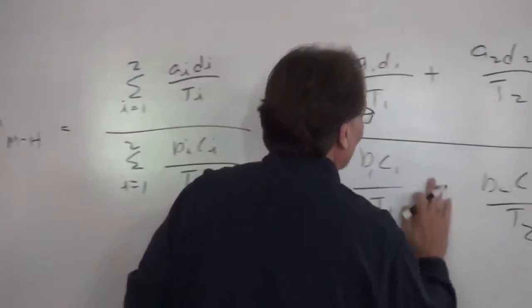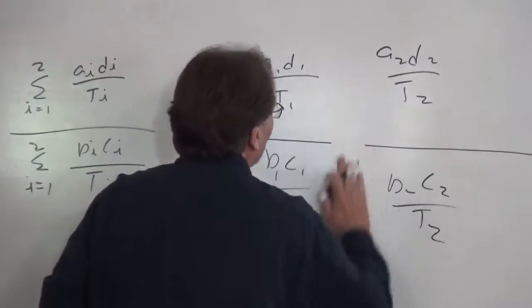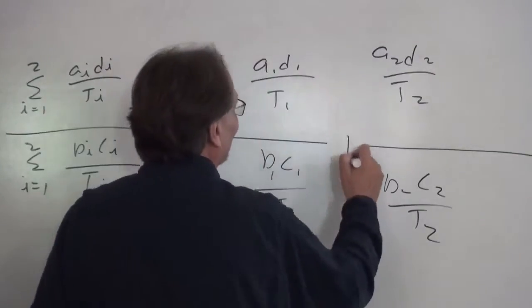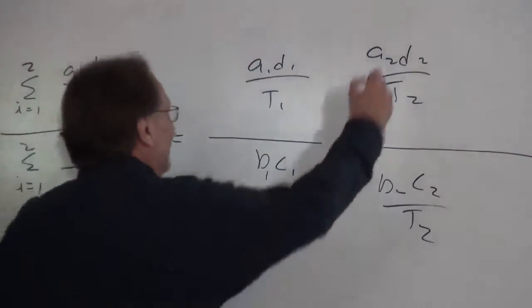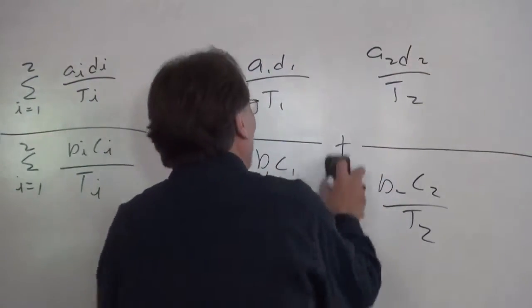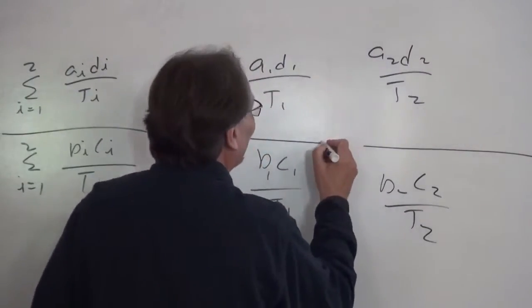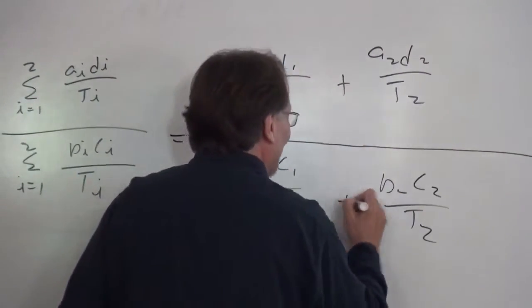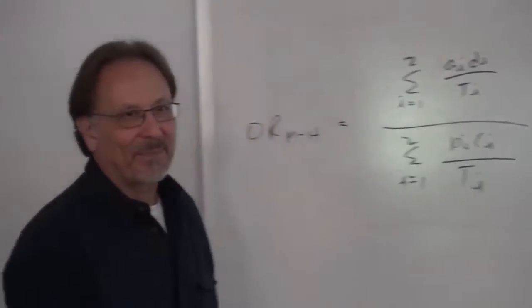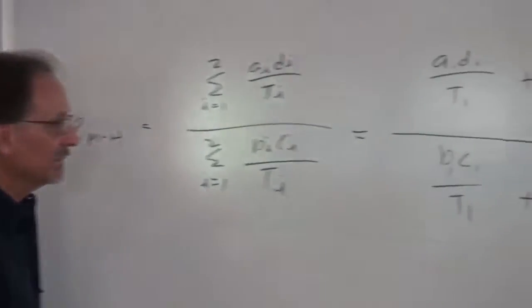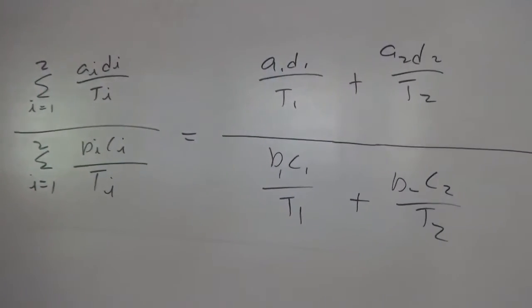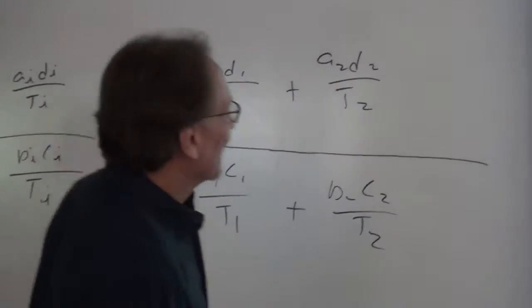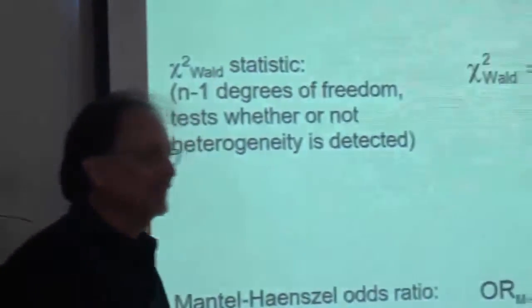Don't do this. Oh, I shouldn't even write this up. Don't do that. Erase it quick before anybody writes it down. So this is what you want to do. So that's the Mantel-Haenszel odds ratio.